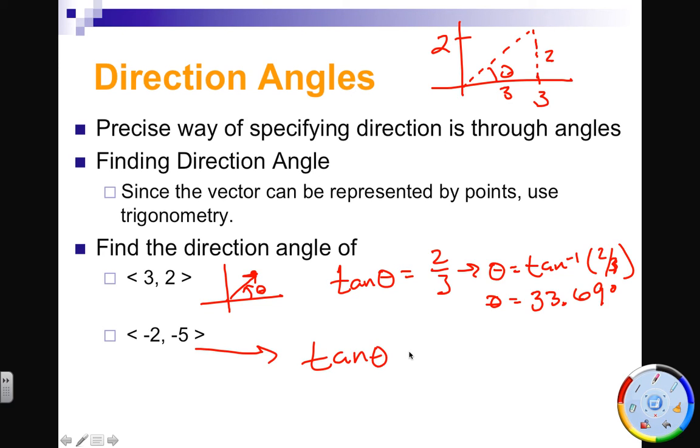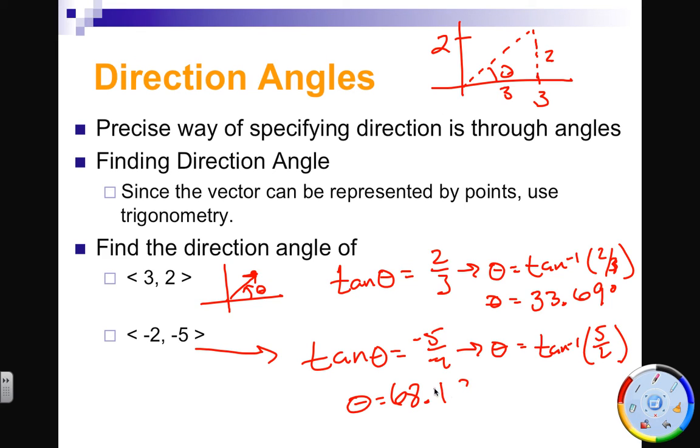Likewise, on this version, it's the same thing. Tan theta equals y over x, so negative 5 over negative 2. So theta is equal to tan inverse of 5/2, which is 68.2 degrees, technically, for rounding. However, you better be paying attention, because 68.2 degrees is in quadrant 1.